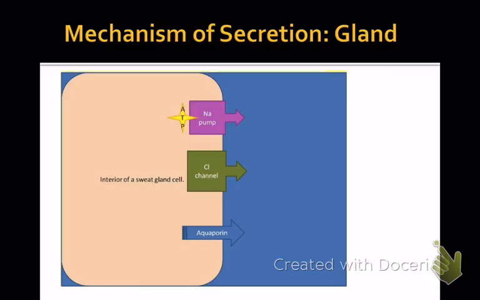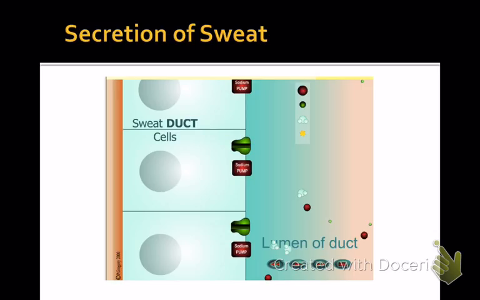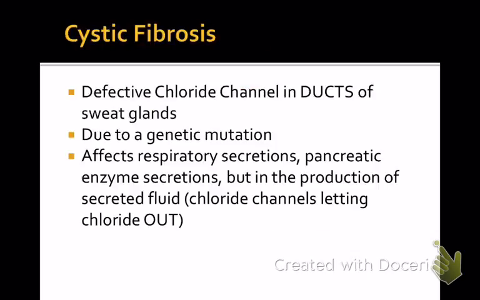So in the gland, which way is the chloride channel going? It's letting the chloride out. But in the duct, it's bringing the chloride in. And these are literally different kinds of channels. Don't ask me to explain it. Okay, so we have in cystic fibrosis, it's the ducts where the channels tend not to work.